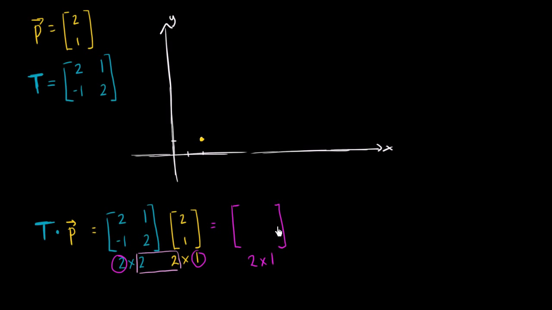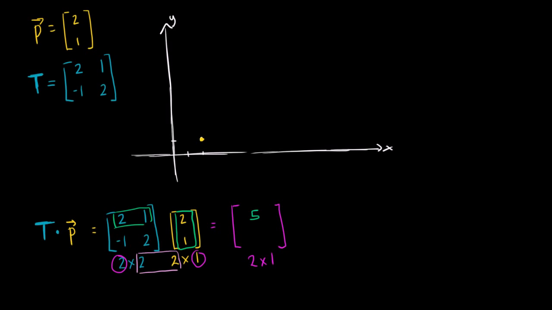So for this first entry, we're going to deal with the first row and the only column, really. So let me use a color that I haven't used yet. We're going to think about this row and this column. So it's going to be 2 times 2, which is 4, plus 1 times 1, which is 1, so this is just going to be equal to 5.